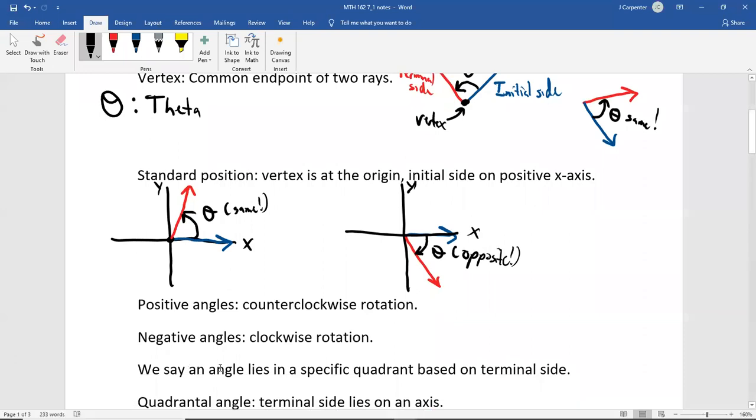We say that an angle lies in a specific quadrant based on the terminal side. So you should have heard of quadrants in the past. Very quickly, and just with the abbreviation of Q, the top right is supposed to be quadrant 1, the top left is quadrant 2, the bottom left is quadrant 3, and the bottom right is quadrant 4.